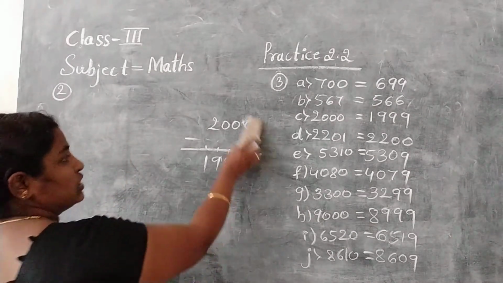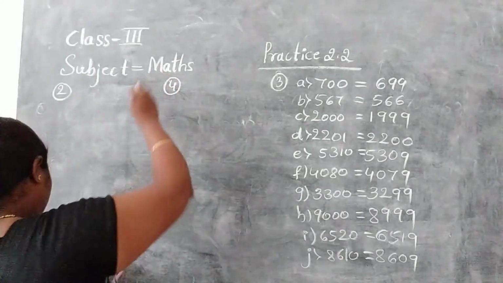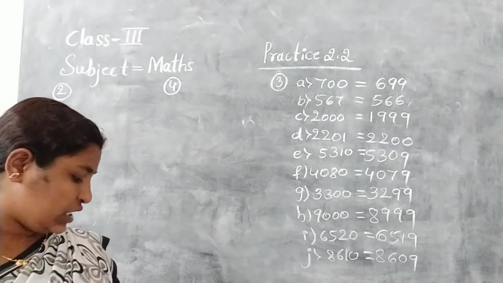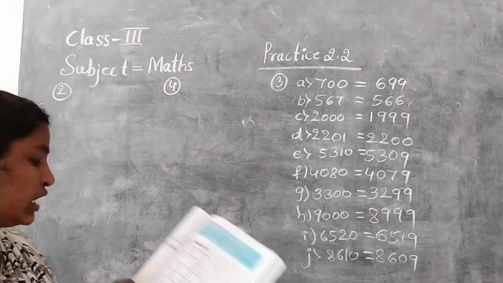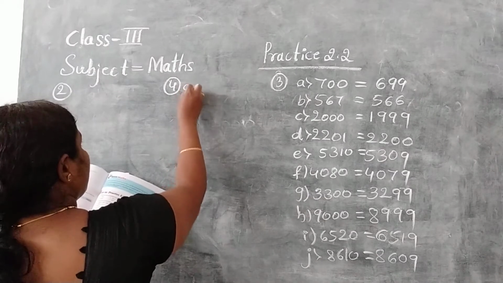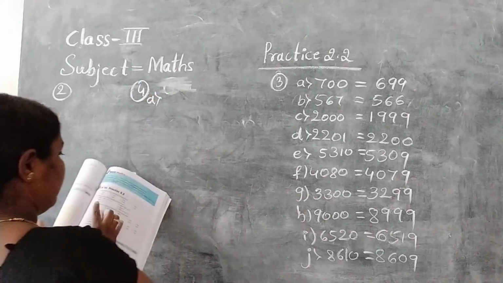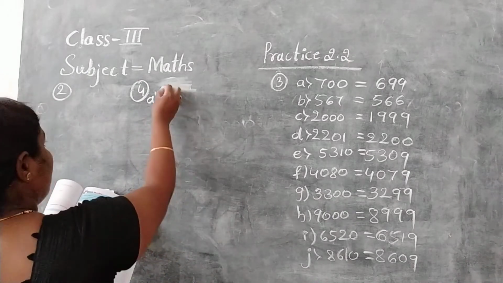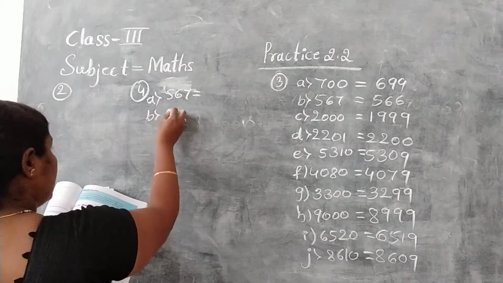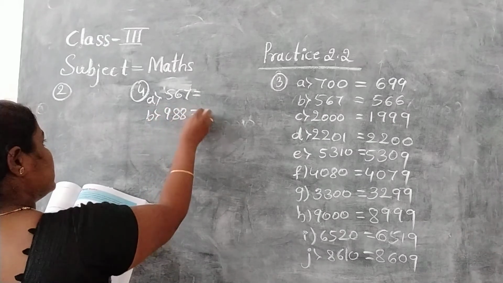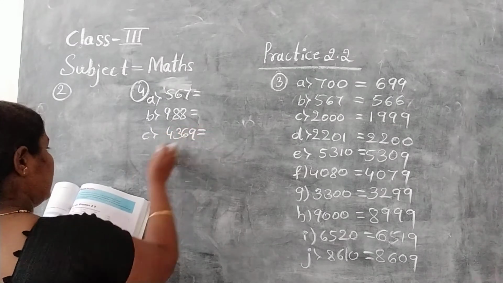This is all about predecessor. Next, fourth question. Write the successor of each of the following. A. 567. B. 988. C. 4369.